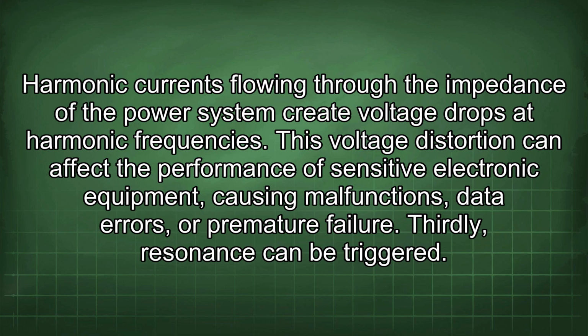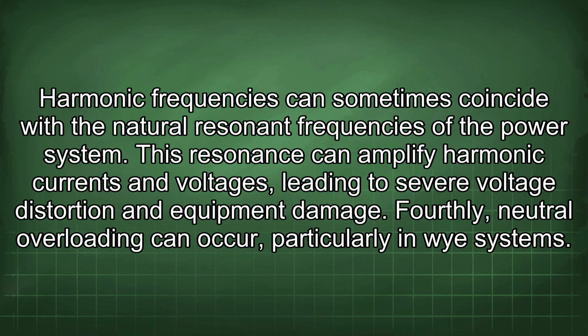Thirdly, resonance can be triggered. Harmonic frequencies can sometimes coincide with the natural resonant frequencies of the power system. This resonance can amplify harmonic currents and voltages, leading to severe voltage distortion and equipment damage. Fourthly, neutral overloading can occur, particularly in Y systems.